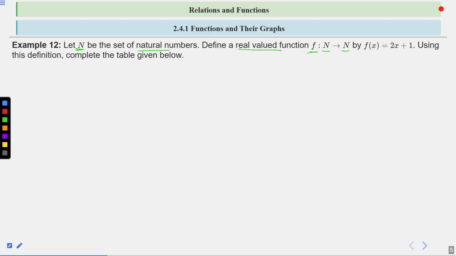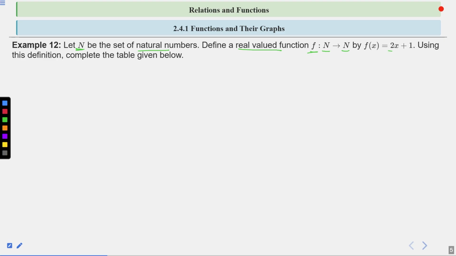Clear? Now, using the previous definition, what do we have to do? Simply, first of all, this is a real valued function. Why? Because both domain as well as range are subsets of reals. Clear? So this given function is a real valued function.